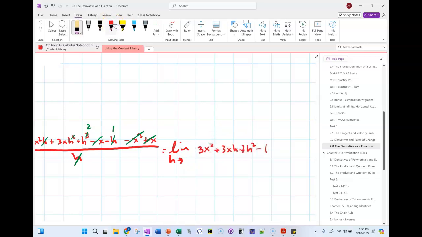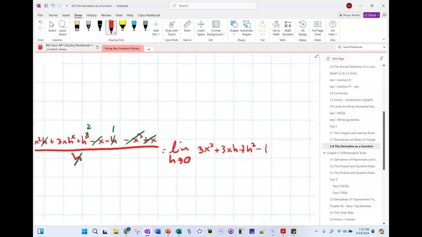Now, a good question to ask here would be, after I do that simplifying step, am I always going to be able to cancel the h out of the bottom? You better be able to, or else you've probably made a mistake. There are some rare instances where getting that h to cancel out is actually a lot harder using the h version rather than the x approaches a version.